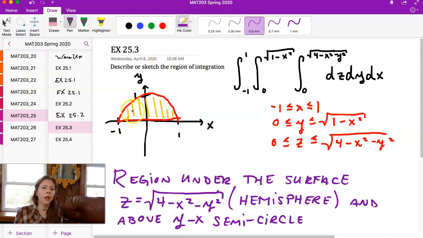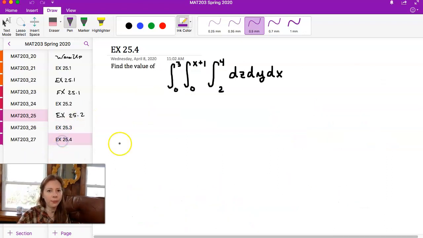Okay, where our x bounds are minus 1 and 1, and our y is bound between 0 and the square root of 1 minus x squared. So that's it for that. You just have to describe it in words. That's fine. And now we're going to do one more.